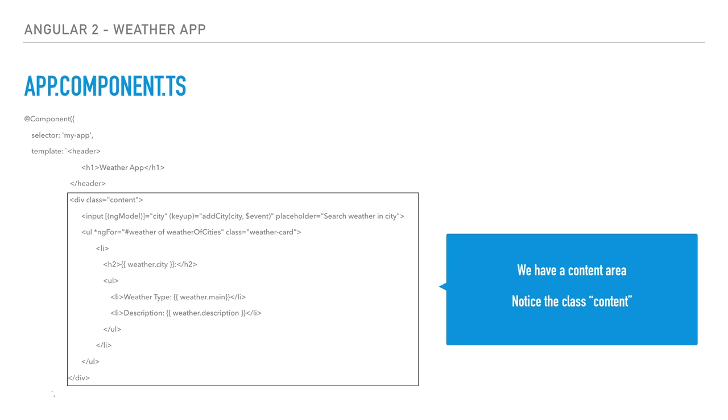Take a look later on, slowly, from this slide, so you can see that we have a class weather card also. This is what will style every row containing the weather, the class content, as I mentioned before, and the header. Okay.